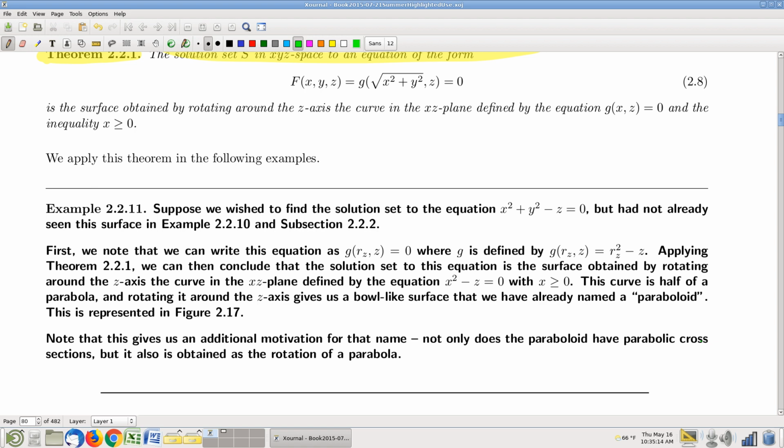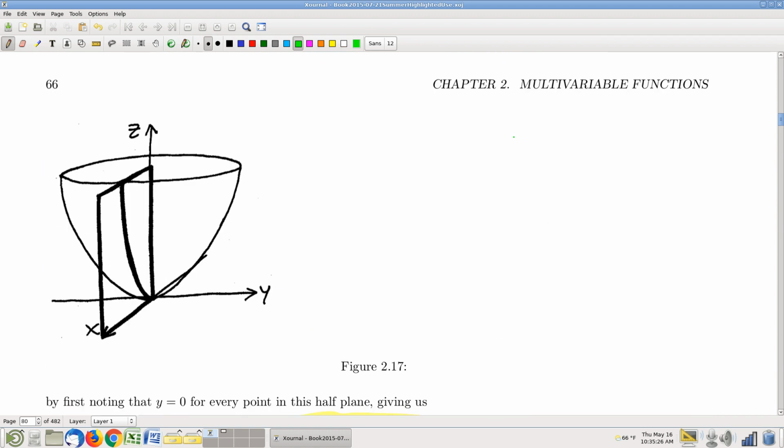So, in the cross-section that I'm interested in, this becomes just x squared minus z equals 0. That's a parabola. There's my cross-section plane. X squared minus z equals 0. That's z equals x squared. That's a really easy curve.